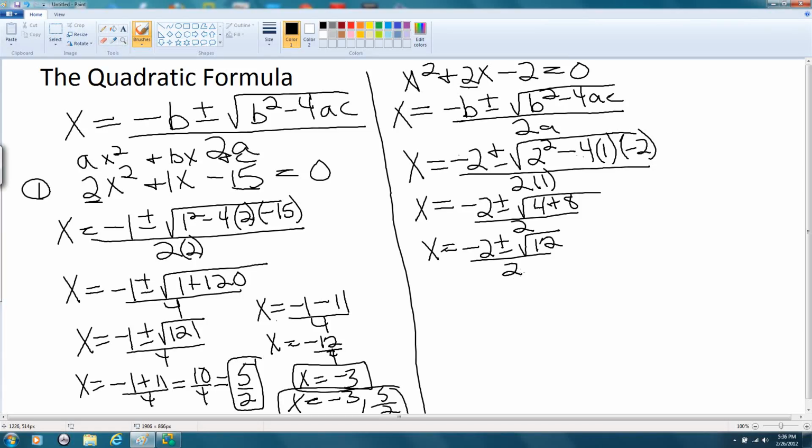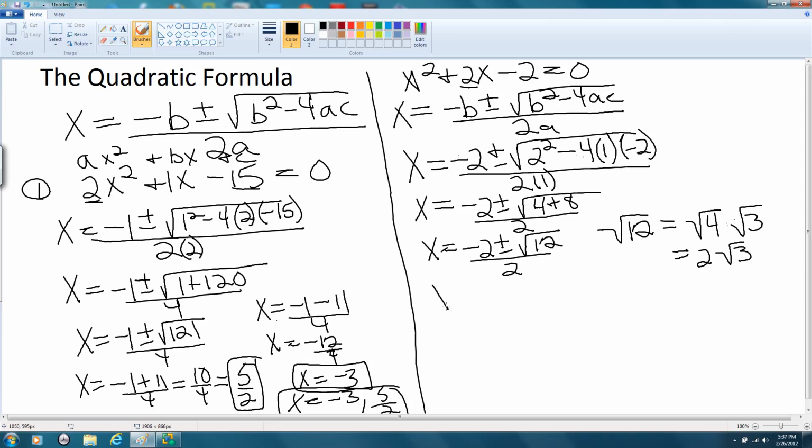I'm going to go over here a little bit with the square root of 12. And so the square root of 12 is equal to the square root of 4 times the square root of 3. The square root of 4 is 2, so this is equal to 2 square root of 3.